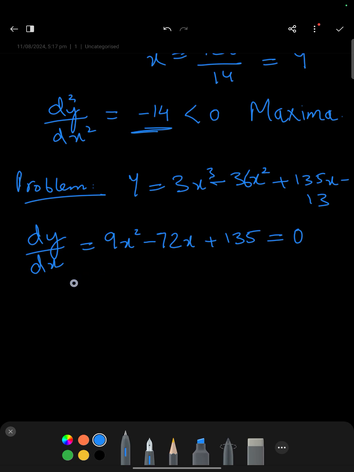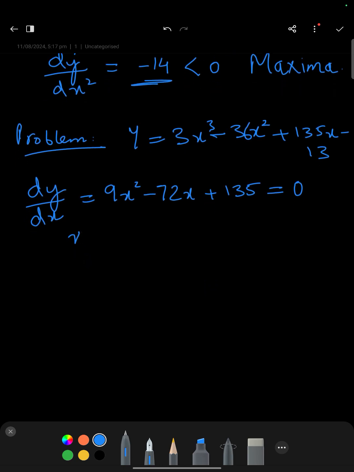So now let us first find out the x, and then take the second differentiation.